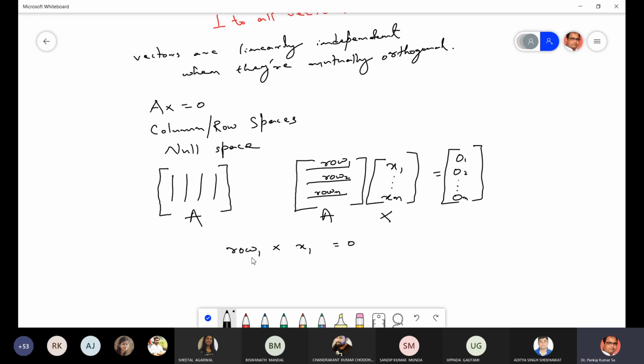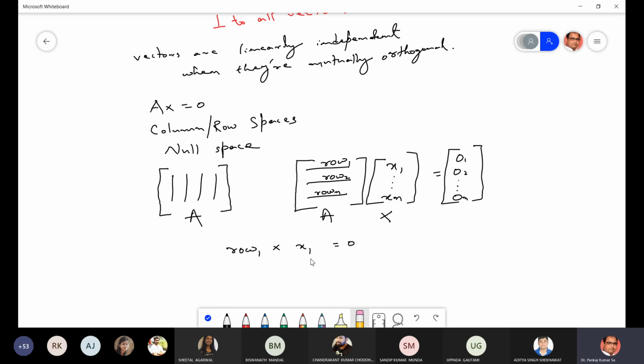That means this row 1, if I call this one vector, so this vector, I'm sorry, this is not x1.